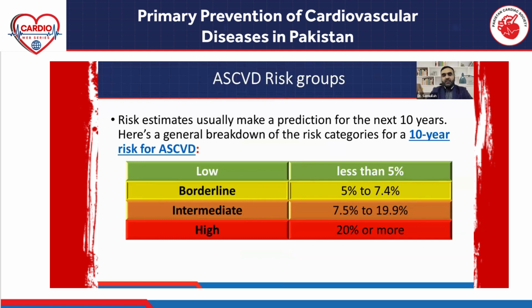From 5 to 7.4% is considered borderline, and from 7.5 to less than 20% is intermediate risk for ASCVD. Anything 20% or more is high risk for ASCVD. So the ASCVD risk calculator defines all these groups for us.